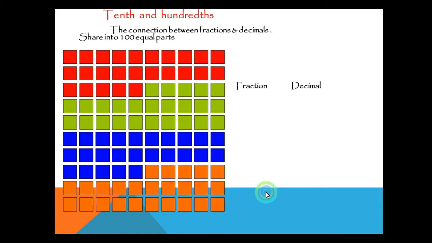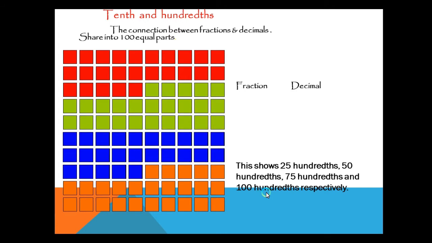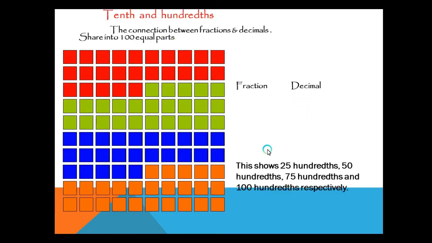And the last one is going to be 100/100. So this shows 25/100, 50/100, 75/100, and 100/100 respectively. Now this is the last hundredths.